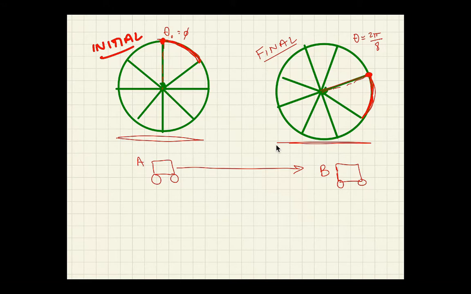And every point on the wheel must cover the same distance because the wheel turns as one single object. And so the difference in the position of the object as it moves from point A to point B, its actual change in position, is going to be equal to the arc length of the rotated angle.